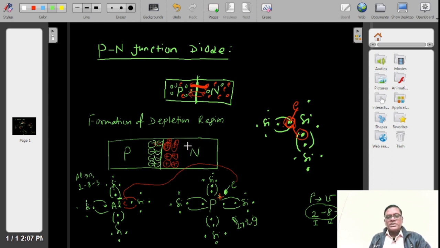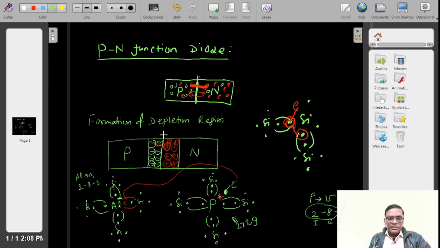The movement of charge carriers from the n region to the p region will be available only for a moment. As soon as the depletion region forms, the movement stops.